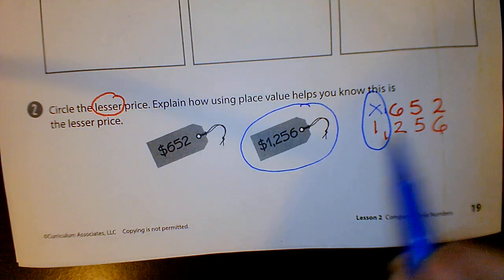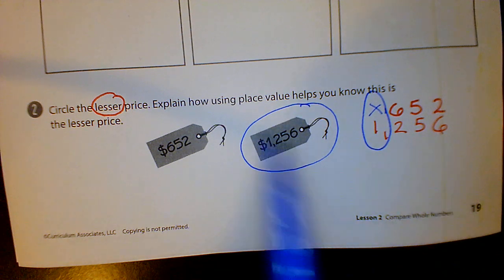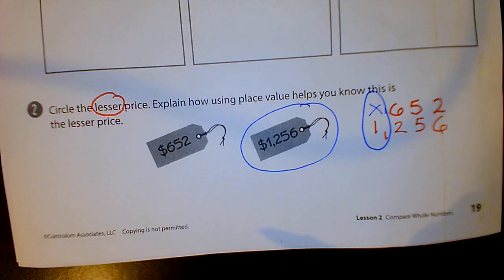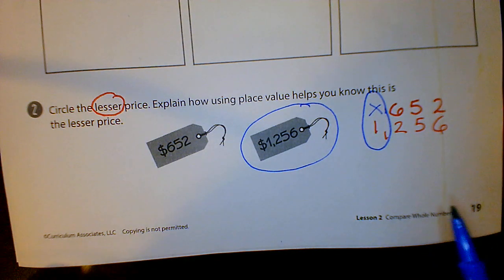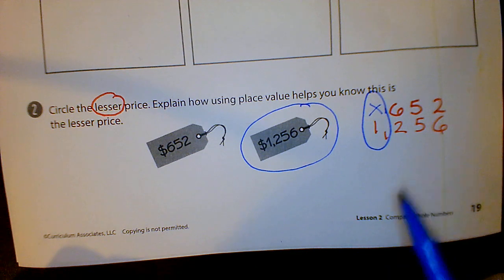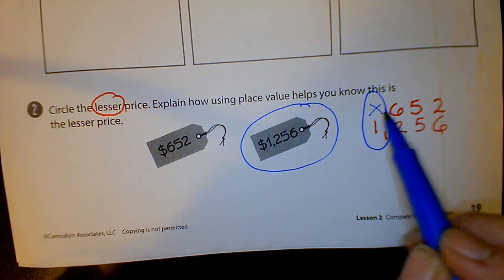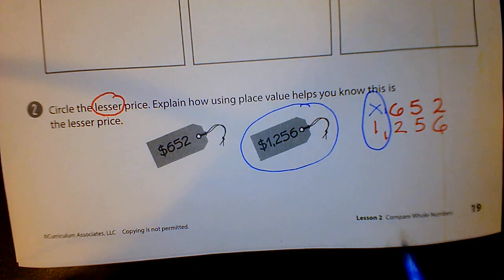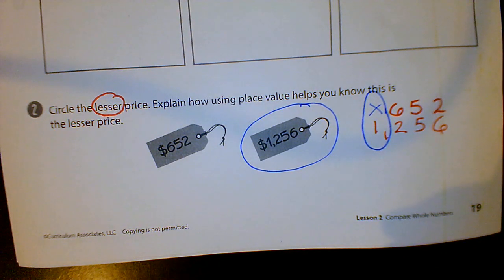And we just showed how we did this, but it also says, explain how using place value helps you know this is the lesser price. And what I could do is explain how in the thousands place, the smaller number has nothing, has no thousands, whereas the larger number does have 1,000.